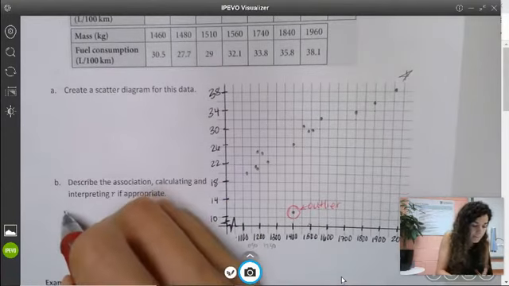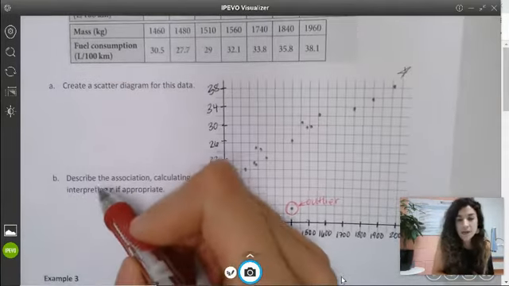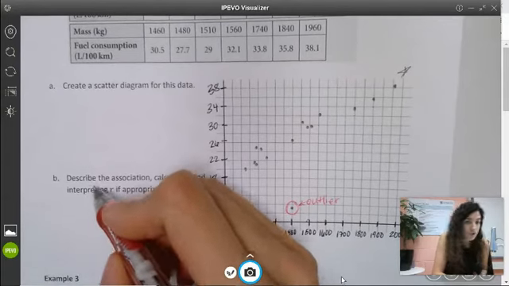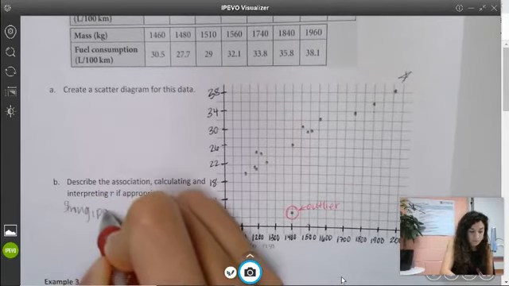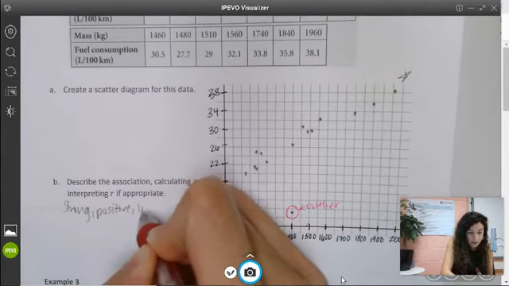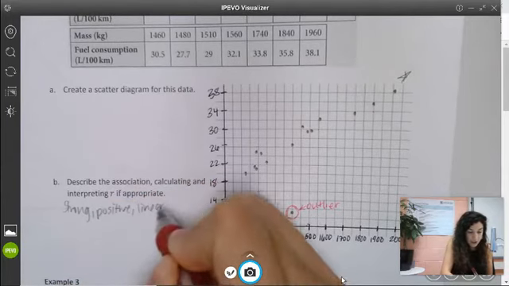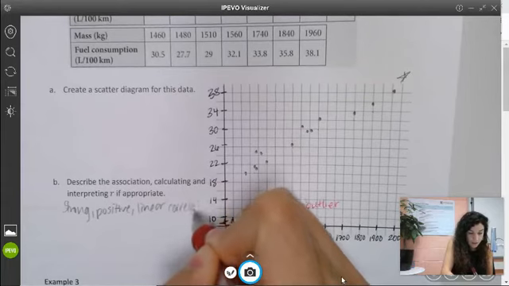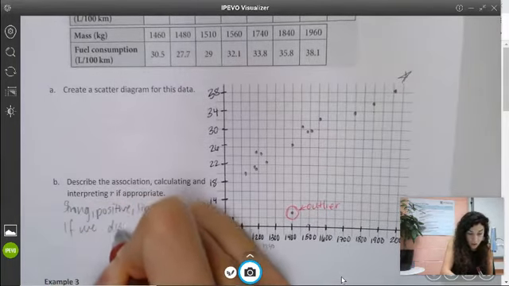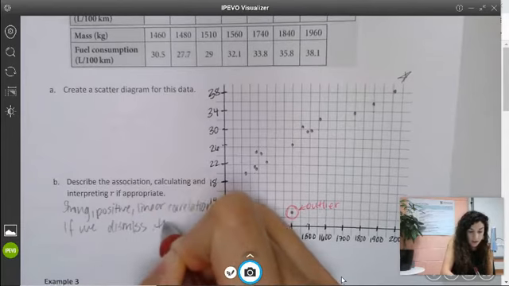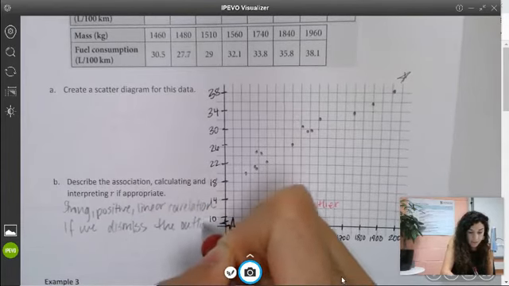So we could say fairly strong correlation. We could say here that it's a strong positive linear correlation if we dismiss or ignore the outlier.